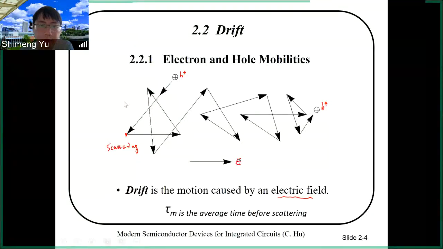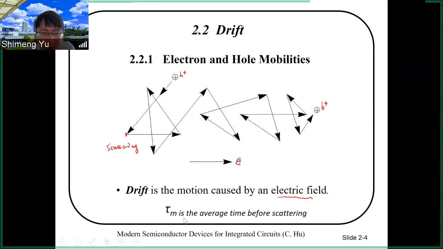Here is a similar situation. Holes will also interact with, for example, the dopant in the silicon. Then it will have scattering. But overall, the hole will move along the electric field, and this motion is called drift.